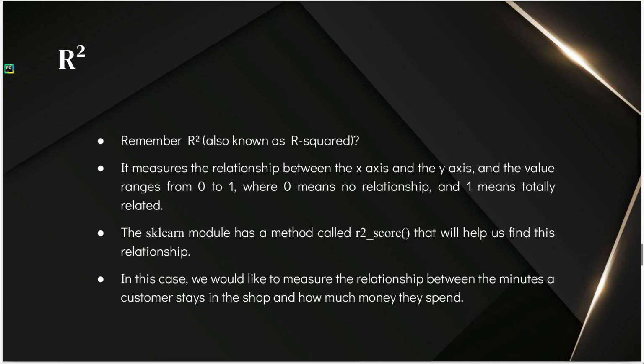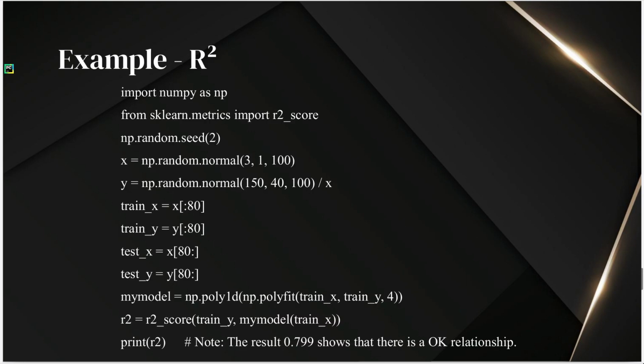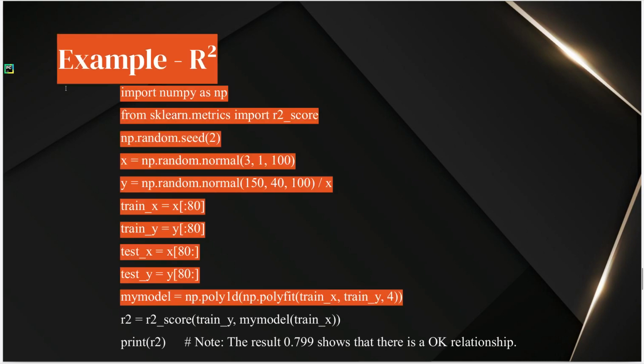So now here we would like to measure the relationship between the minutes a customer stayed in the shop and how much money he actually spent, x and y axis. So we do that using the code example here. We have already discussed everything except the last 2 lines, and here in this example we will discuss the last 2 lines.